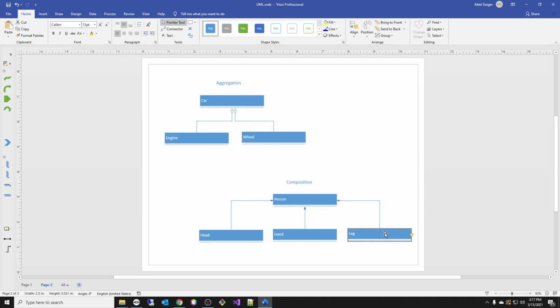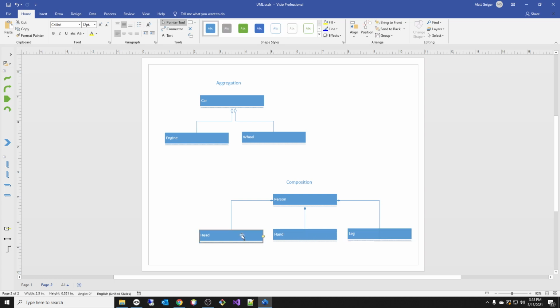Aggregation is much the same. A car is made up of an engine object and a wheel object and maybe a frame object and some other objects that all make up a car. So what's the difference between aggregation and composition? It's kind of the same concept, right? Composition is usually for things that really can't exist on their own.